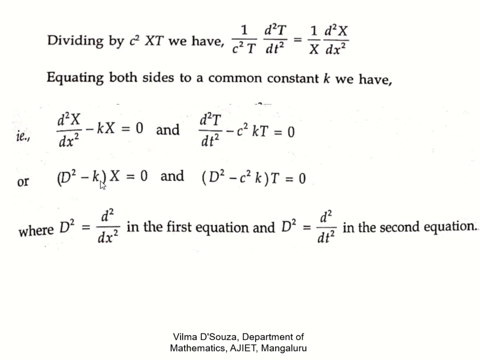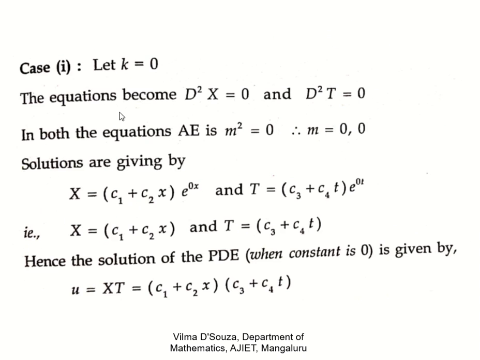It is D² of X equal to 0 and D² of T equal to 0. Right? So what is the auxiliary equation here? m² is equal to 0, so m equals 0, 0. Here also m² is equal to 0, so m equals 0, 0.